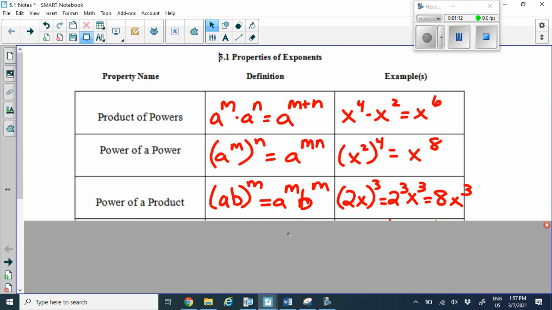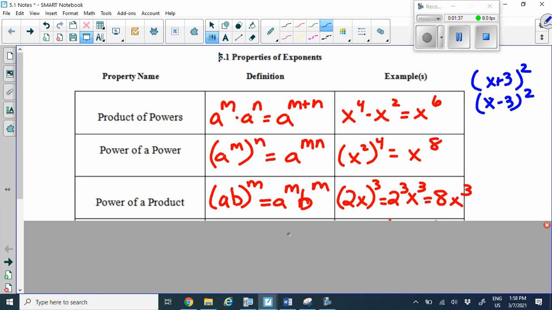Okay, power of a product. This means when we have multiple terms that we're multiplying and they are raised to the same exponent, we can distribute it. Now, we have talked about before, in our polynomials and in our quadratics unit, that when we have something like a sum raised to a power, you cannot distribute the exponent.